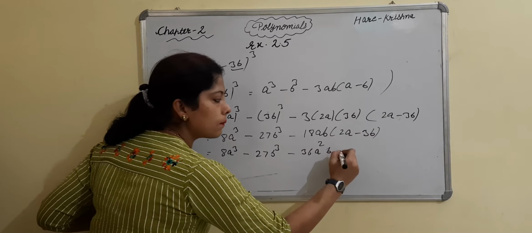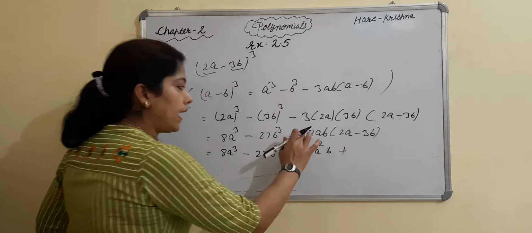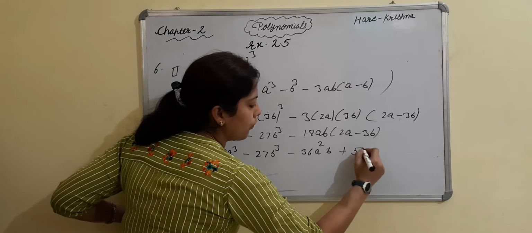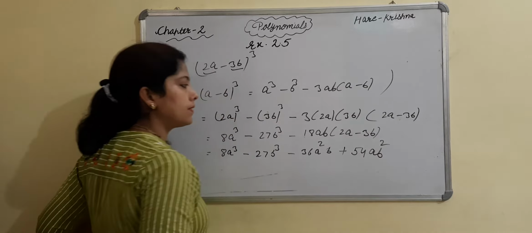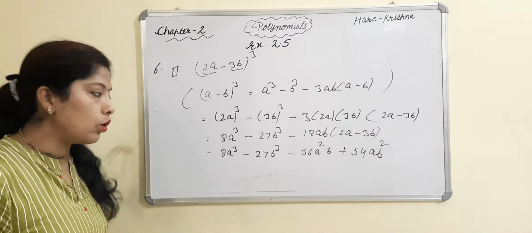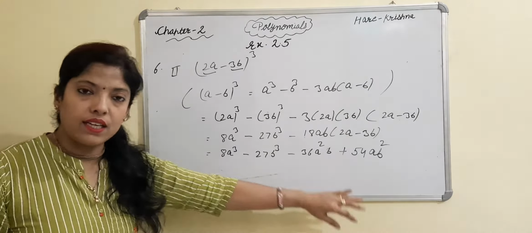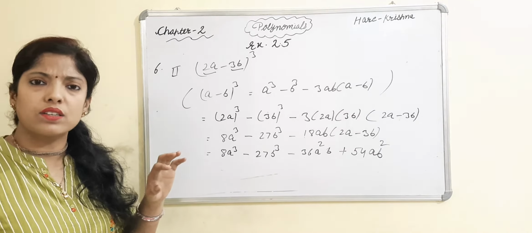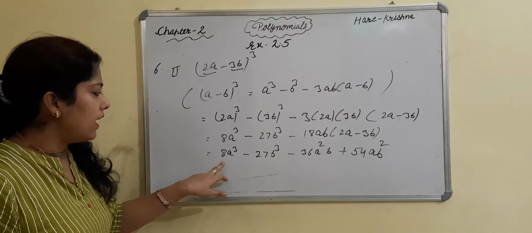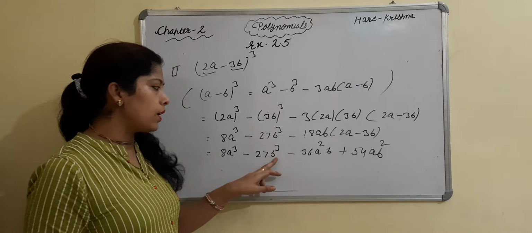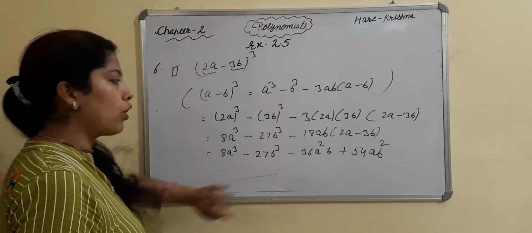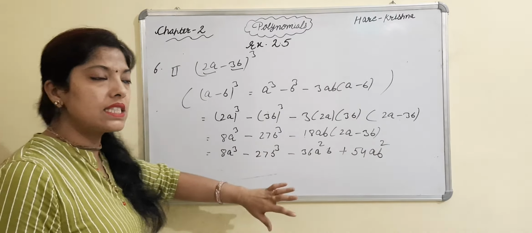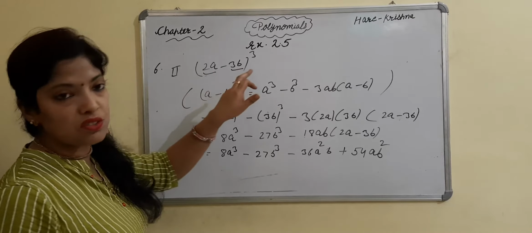Minus minus plus. ठीक है? 18 3 is 54. 54 ab और b, a b square. This is our answer because all terms are unlike and we can't solve unlike terms. So this is our answer. 8a cube minus 27b cube minus 36 a square b plus 54 ab square. Clear? This is the expand form of (2a − 3b) cube.